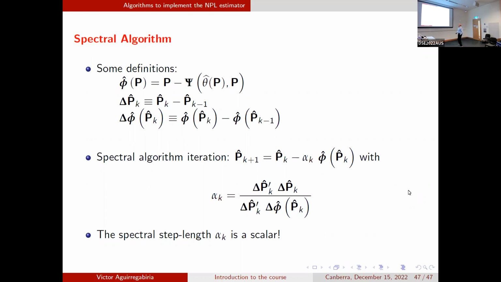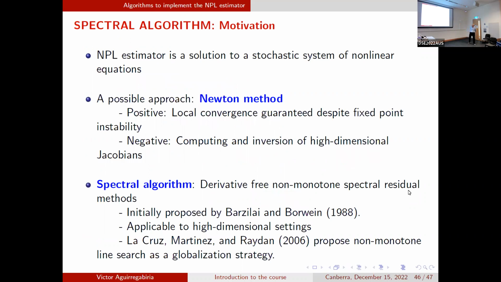Then instead we use a class of algorithms called the spectral residual or spectral algorithms. That was first proposed by La Cruz and Raydan, and Barzilai and Borwein in 1988, and in computational science they have been developed very much and applied successfully to many problems.